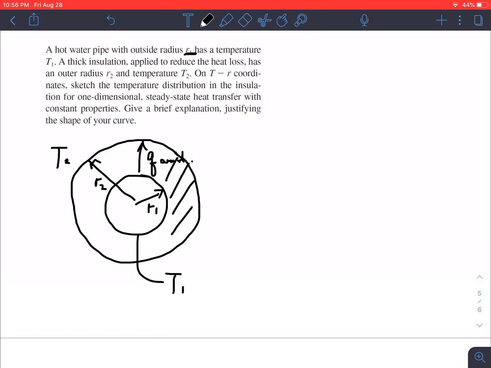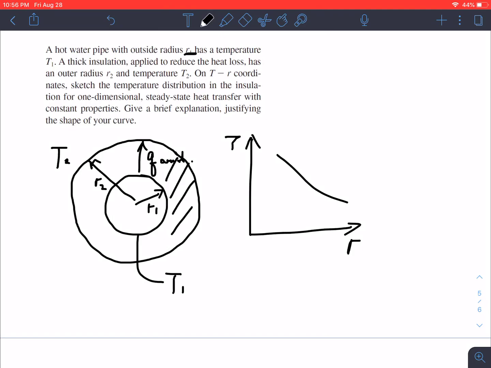The problem then asks, what's the temperature distribution within this insulation layer? It asks us to plot the temperature against the radius, right? Then since we know the heat is going out, it must go down.